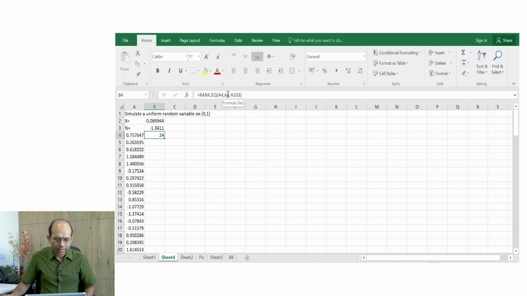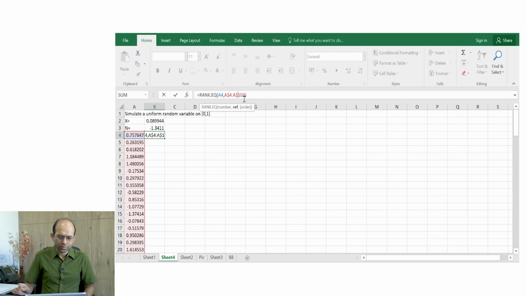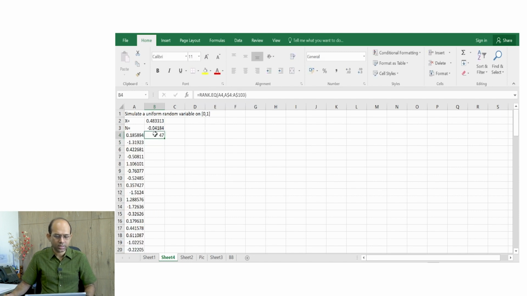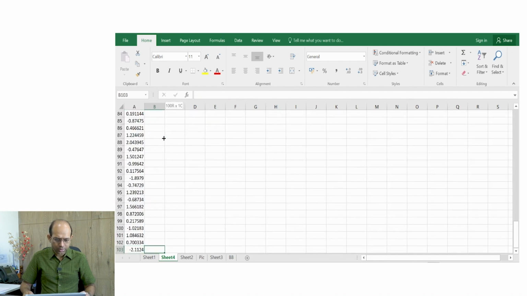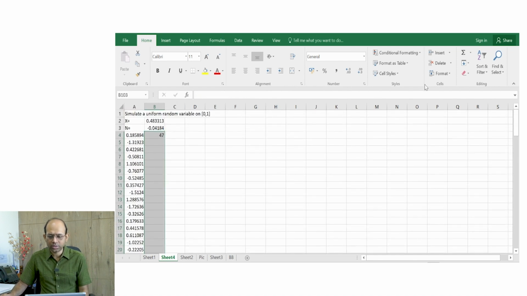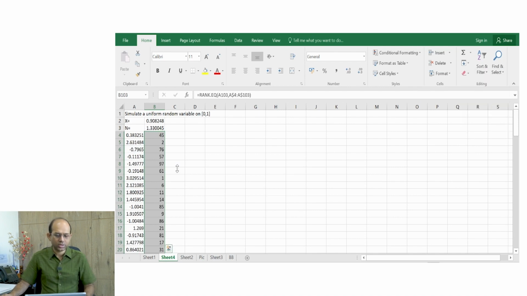I would like to keep this array as it is, so we put a dollar sign before the row name, so that if I drag the formula handle, the list selection does not change. Now we are done putting the formula. Now we drag it. So these are the ranks of these numbers.